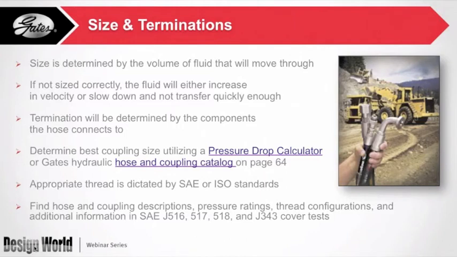To find these descriptions of pressure ratings, thread configurations, and compatibilities, you can look at the SAE standards, for instance J517, J516, J517 and J518. And then to find out how they perform together, you can look at the SAE J343 standard to determine what types of tests have been done on those hose and couplings.